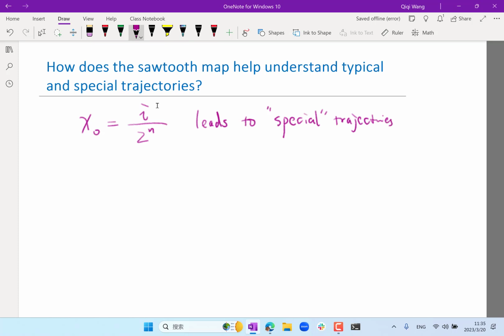So what do I mean by special trajectories? Special trajectories are trajectories whose long time average does not coincide with its ergodic measure.